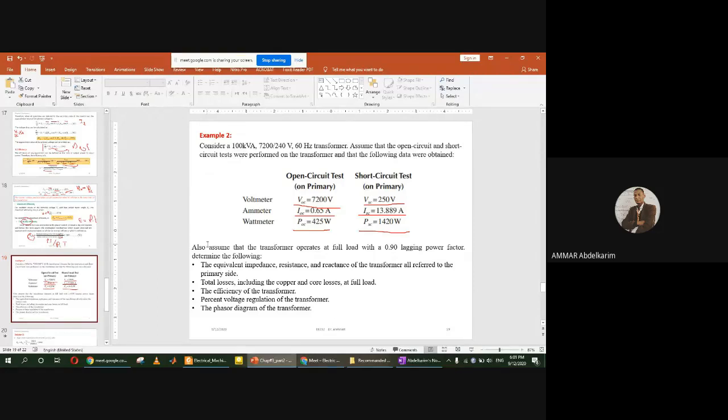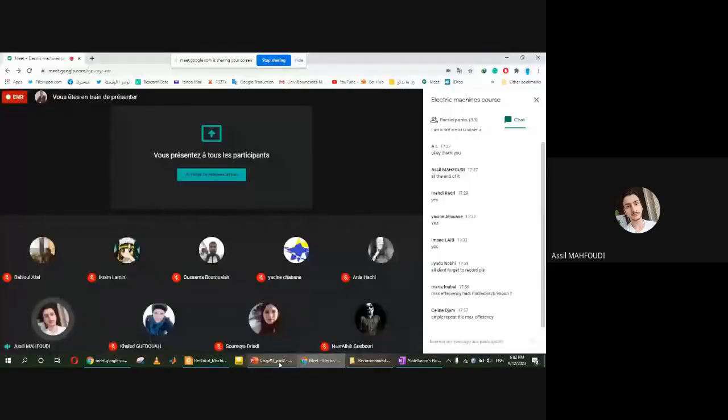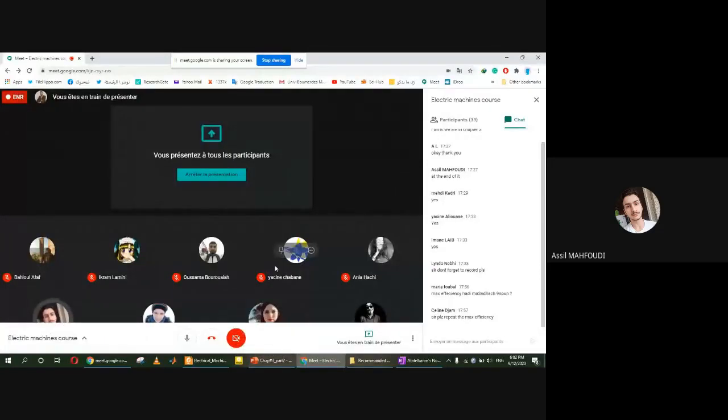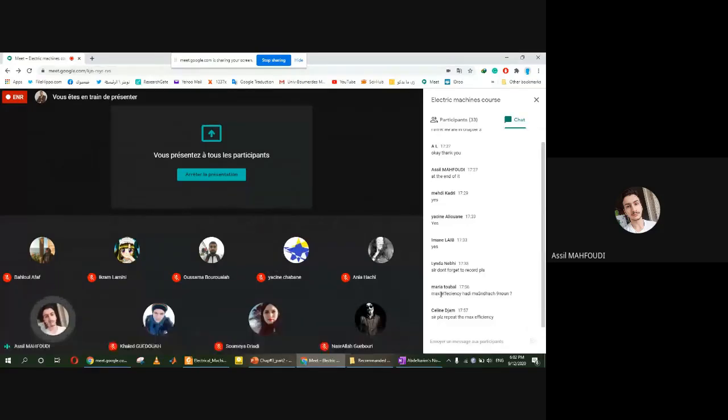The part where we place our measurement devices is the primary, and the other part we let open. So the measurement has been done in the primary, whether it is the high or low voltage side. My problem is I don't know exactly where to open. Can you please show us?